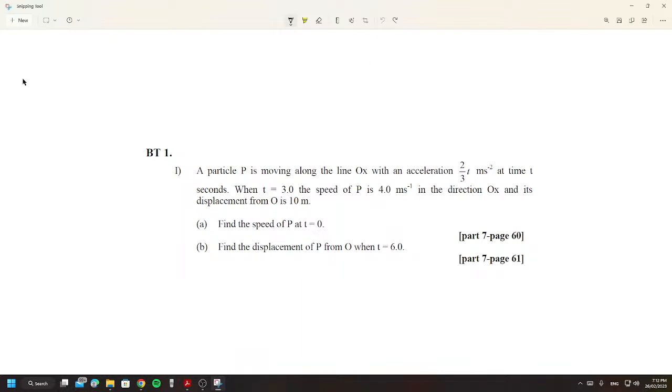Now, we have x, we have v, and we have a, where x is the position, v is the velocity or the speed, and a is the acceleration. We know that the unit for position is meters.